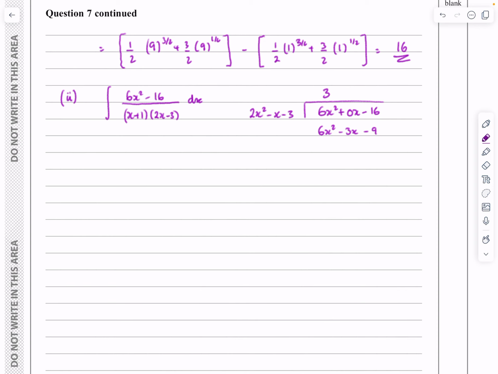We're now going to subtract that to see what we get left as our remainder. And the 6x squareds cancel, obviously. I get 3x there, and I get minus 7 there.